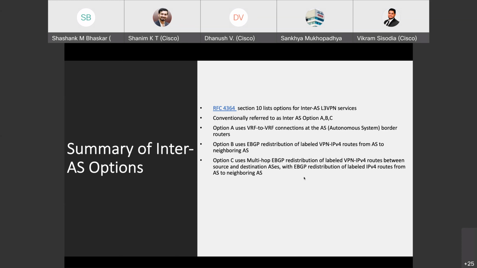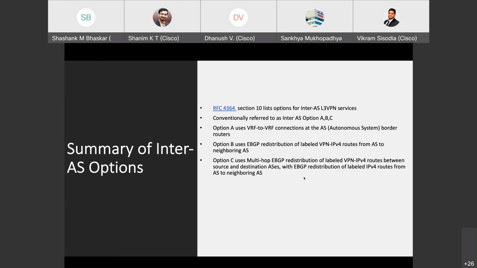You use VRFs on the back-to-back ASBRs to preserve all the VPNv4 information across the AS. It doesn't scale really well, but it's easy to deploy. Option B uses the eBGP VPNv4 MP-BGP address family to exchange VPNv4 routes across the different autonomous systems.